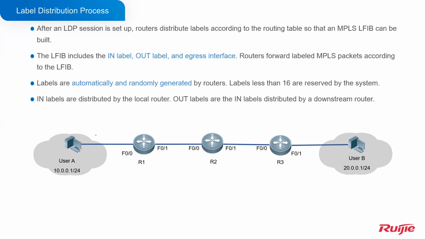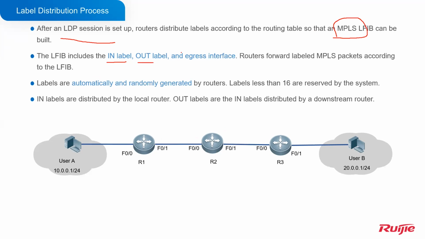In the label distribution process, if we establish the LDP session successfully, then the router will distribute the labels according to your routing information. Finally, we want to create the MPLS LFIB. In the LFIB, the main parameters we have to know are the in label, the out label, and the egress interface.